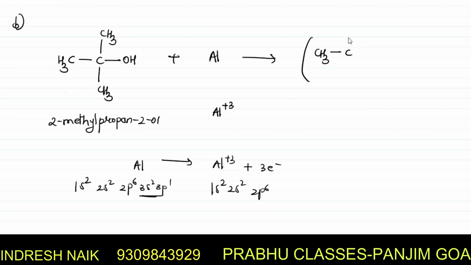CH3, C, CH3, O, this is aluminium, and this is thrice, three molecules, because one molecule of this is minus and aluminium is 3 plus. I'll just clean this and show you.